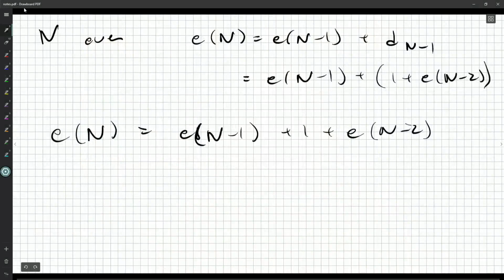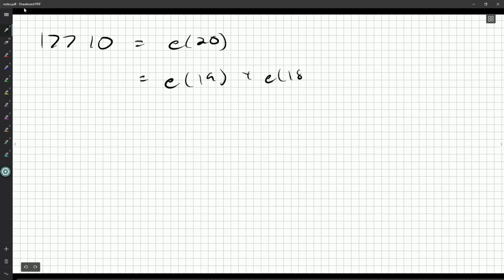Then that would mean E20, which I know, they said it was 17,710, I think, is E20. I can change that to E19 plus E18, both of which I don't know, plus 1. But then this E19 can turn into E18 plus E17 plus 1. And I do know E17.